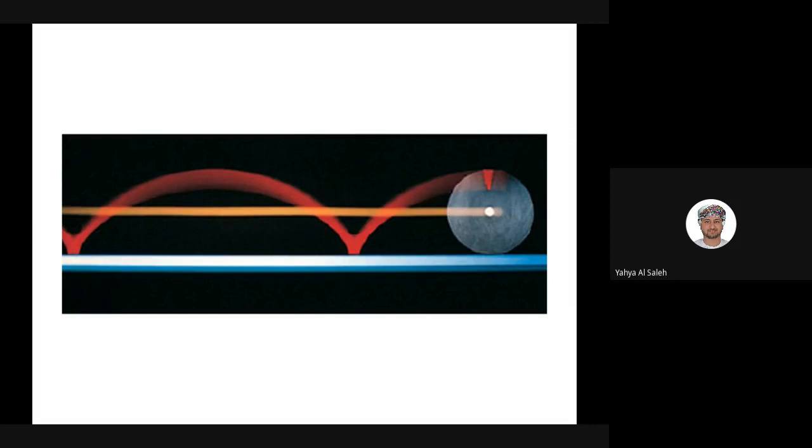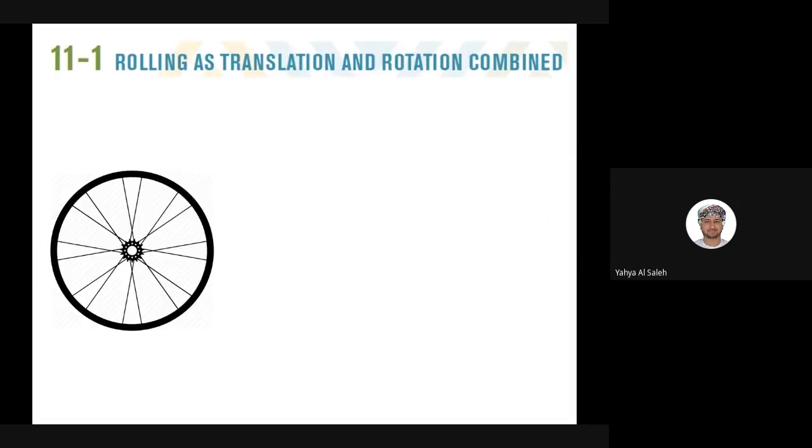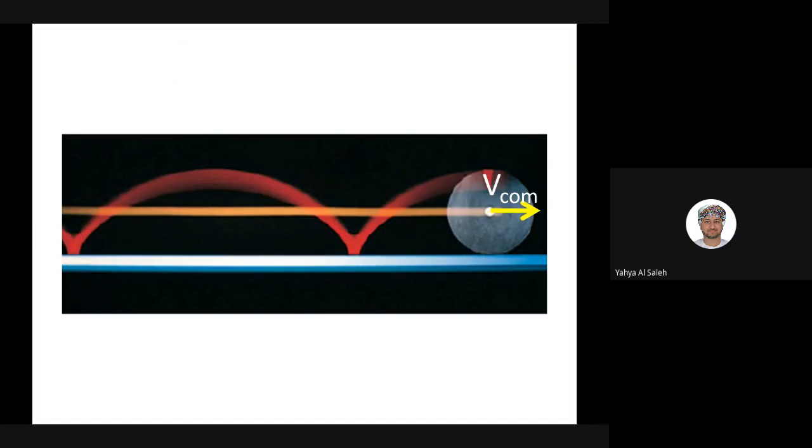But if I trace an actual point on the edge, I will have multiple arcs. If I want to specify how it is moving in the XY direction, not rotation, I will describe it using its v COM.